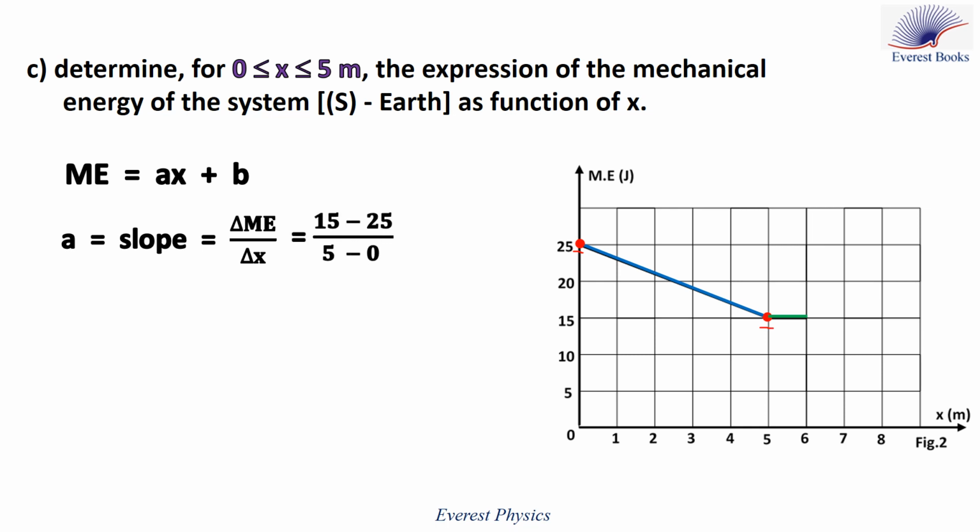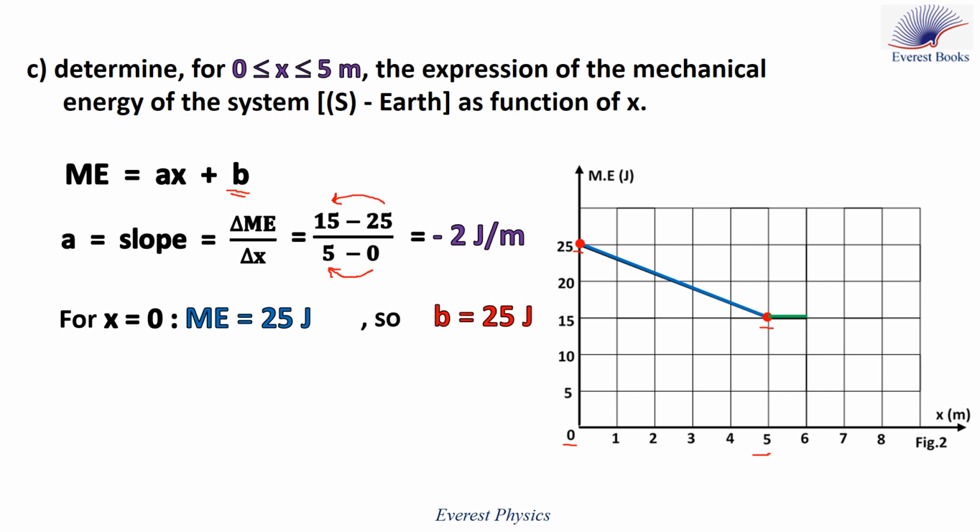Between abscissa 0 and abscissa 5 meters, the mechanical energy decreases from 25 to 15 joules, and the abscissa increases from 0 to 5 meters. Then the slope equals minus 2 joules per meter. Now let's calculate the value of B. Look at the graph. For abscissa 0, the mechanical energy is 25 joules. Then B equals 25 joules.